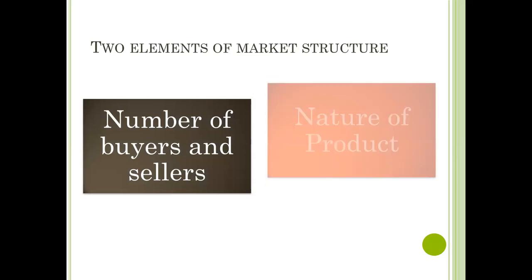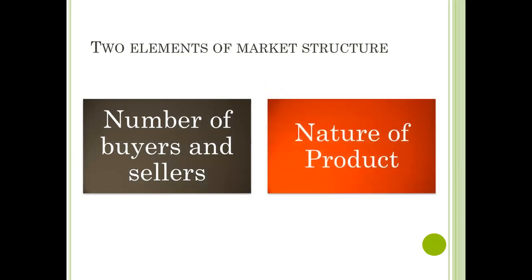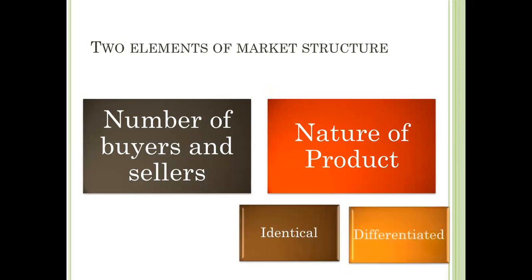For the nature of product, this is the extent to which the product is standardized. We have two natures of product: the identical and the differentiated product. Identical products are goods that are homogeneous, almost the same in features and uses. These types of products command a higher degree of competition.